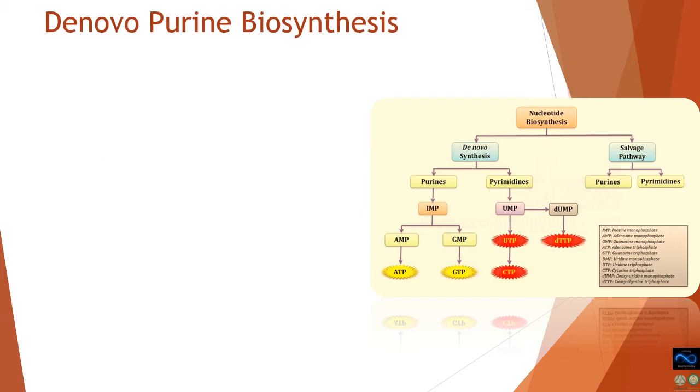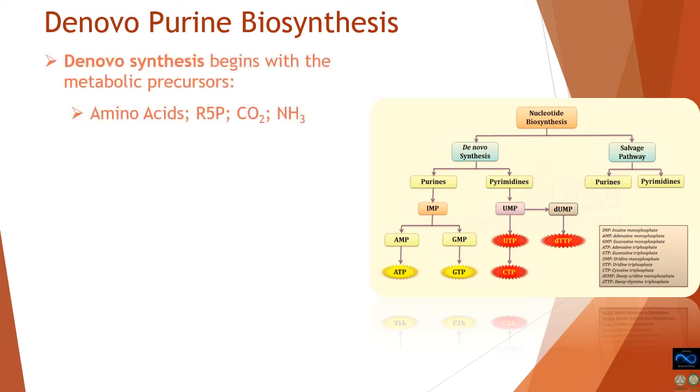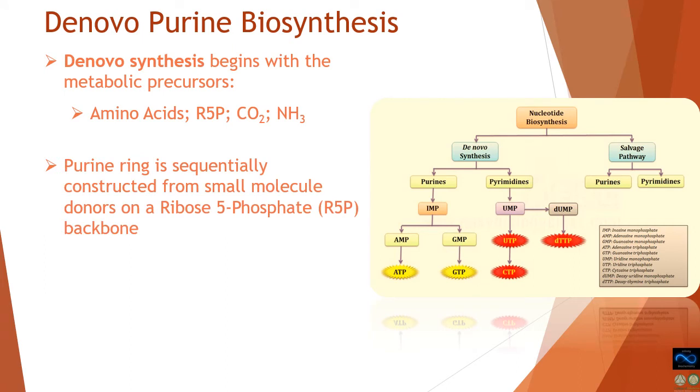Synthesis of the purine part of the nitrogen base, or purine nucleotide, starts with metabolic precursors, which are certain amino acids, ribose 5-phosphate, carbon dioxide, and ammonium, which is donated either by the amino acids or in solution form. The purine ring, which has to be constructed during biosynthesis, is constructed on a platform or backbone, which is ribose 5-phosphate.